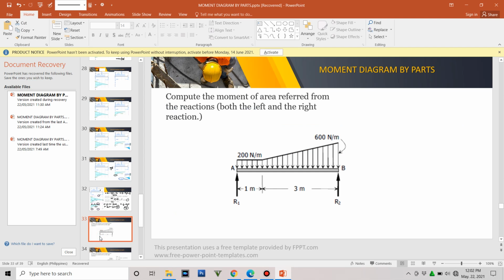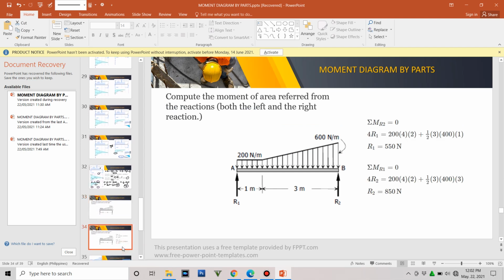So let us try an example with a trapezoidal loading. So first things first, again, we get the reaction. So ang ginawa dito, dinivide niya yung trapezoid into composite parts.